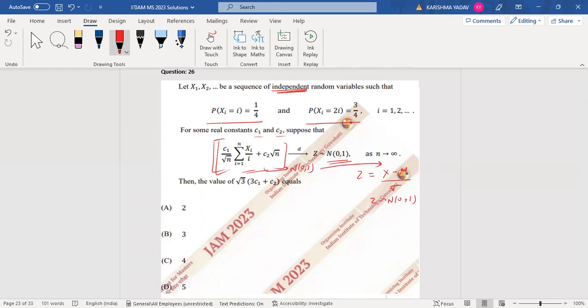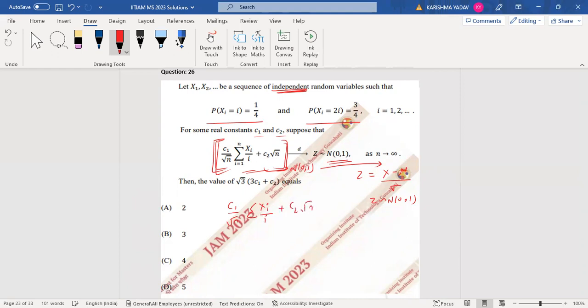Okay, so for that, let's see, it is given that I am just transforming this form into the normal form, that is (x minus mu) by sigma. So here it is given c1 by root n sigma xi by I plus c2 root n.